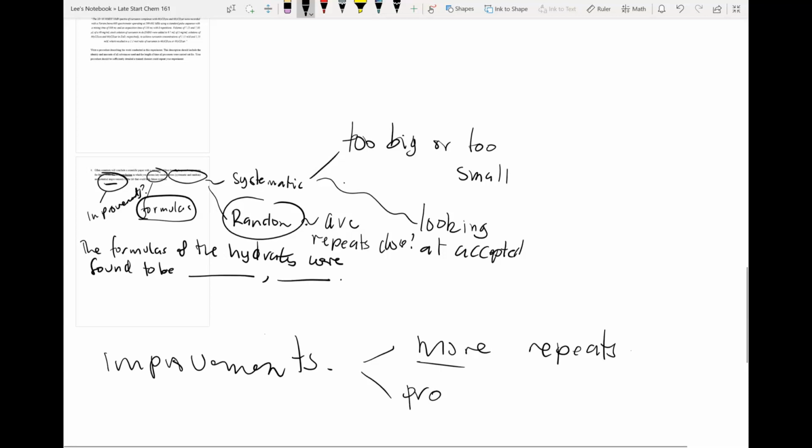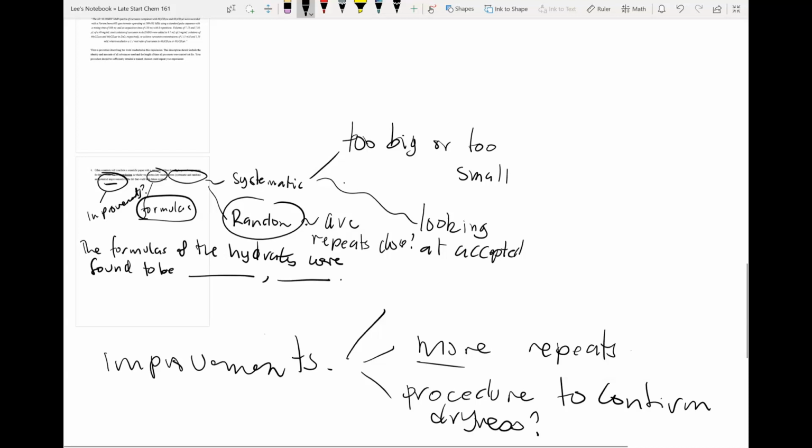Is there a procedure you can think of that you could introduce to confirm that they really were dry? I can think of one. One would be to heat it again and see if the mass continues to go down or whether it stays the same. And if it stays the same, then you really have got it dry. Okay, so I think that would be something that you could talk about.